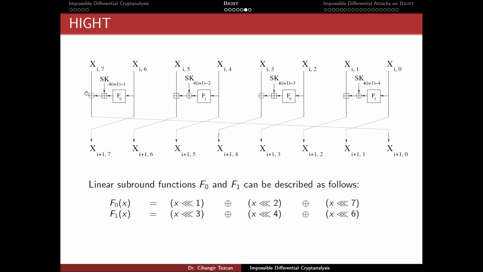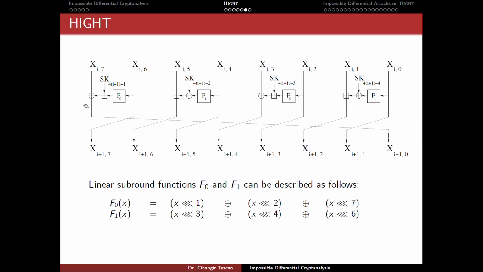Recall that the Feistel network means that you are modifying half of the cipher in a round. For instance, let's look at here. This byte comes here, performs some operations, and the output changes and modifies this byte. So this byte is changed, but this byte comes and goes here.